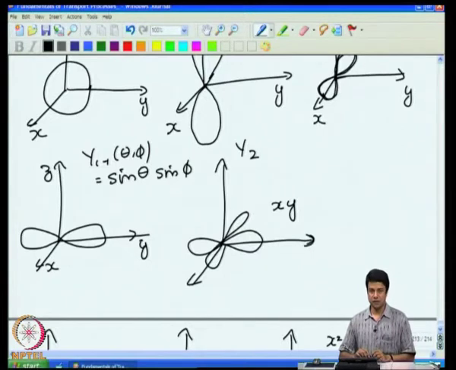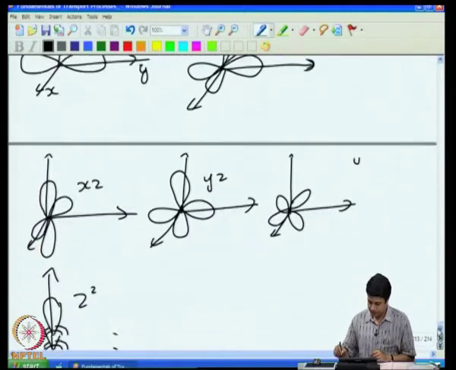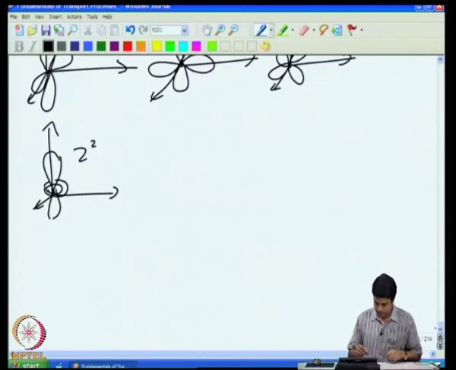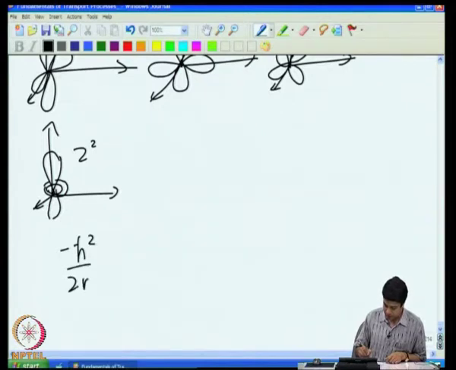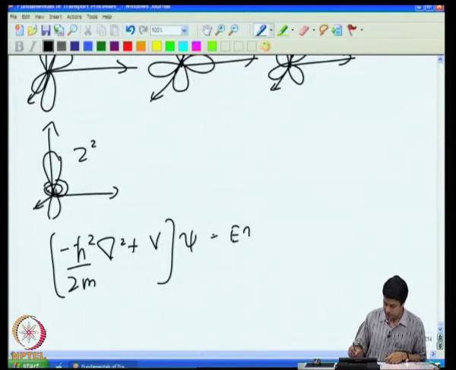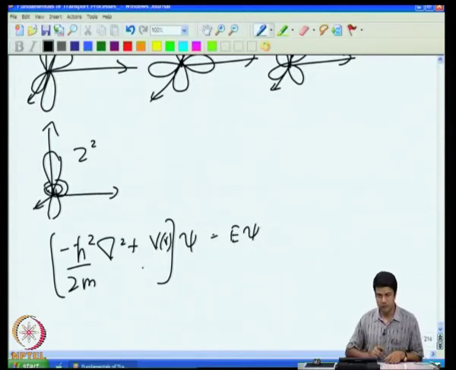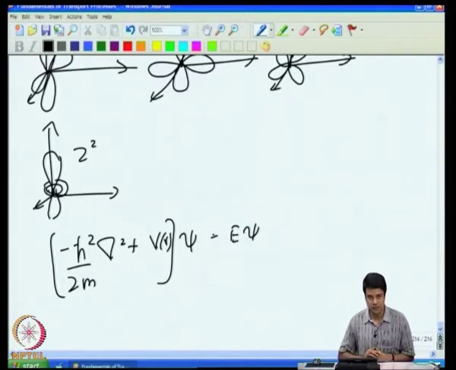And for a system with only electronic energies or electronic potential, I have to solve an equation of the form minus h cross square by 2 m del square plus V into psi is equal to E psi. This V in the case of hydrogen atom is only a function of the distance between the nucleus and the electron. Therefore, for the theta and phi coordinates, I am just solving del square psi is equal to 0 for the theta and phi coordinates.